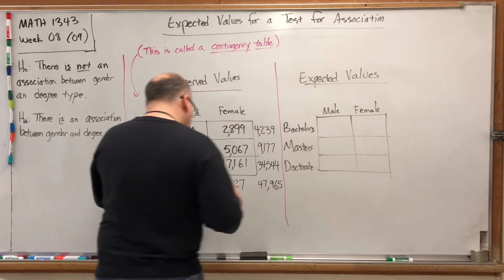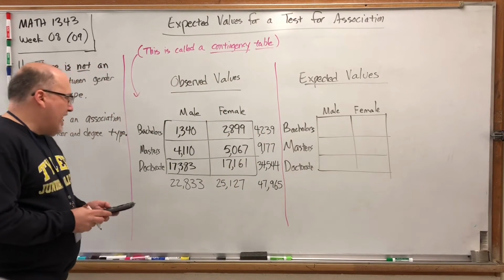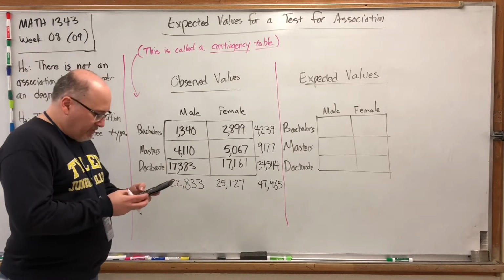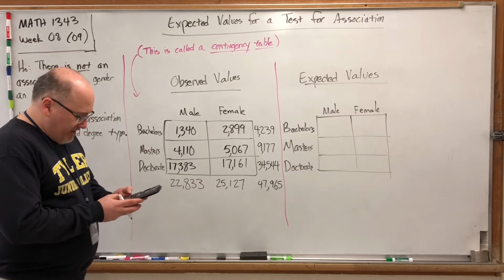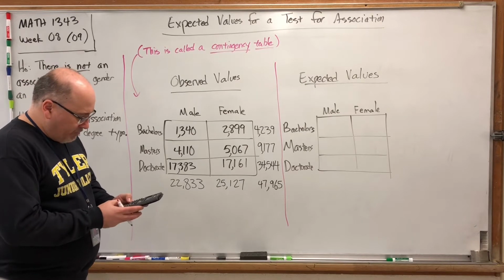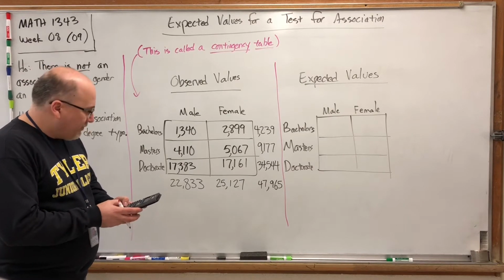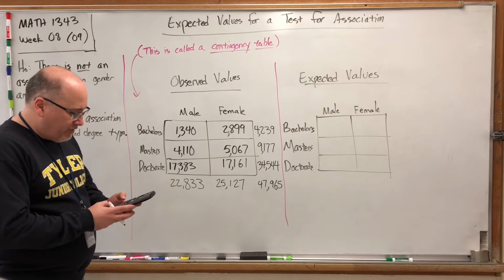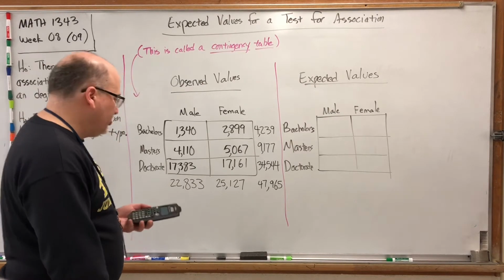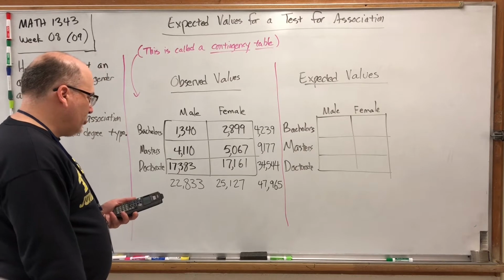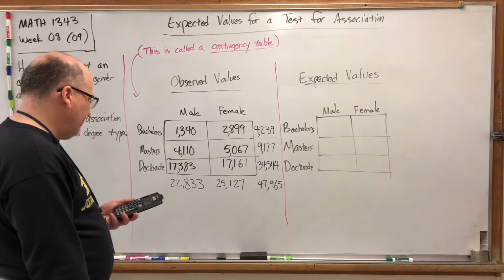And if we add up the total number of degree recipients, this column, 4,239 plus 9,177 plus 34,544 is equal to something different, 47,960. So I have a discrepancy, and now I need to find it.